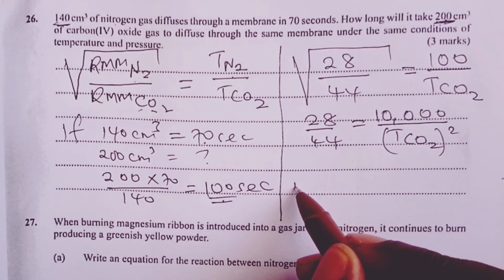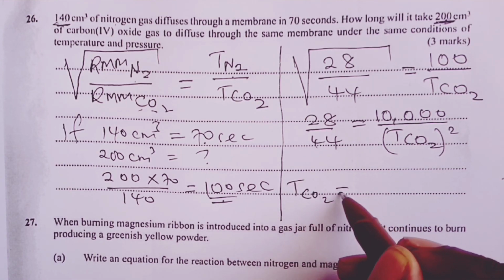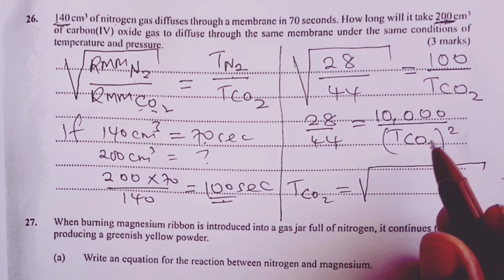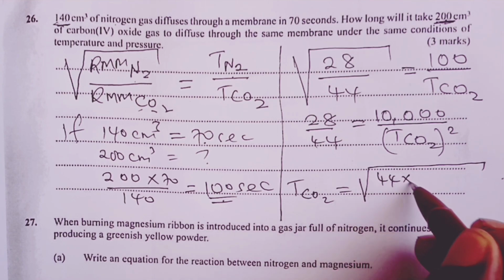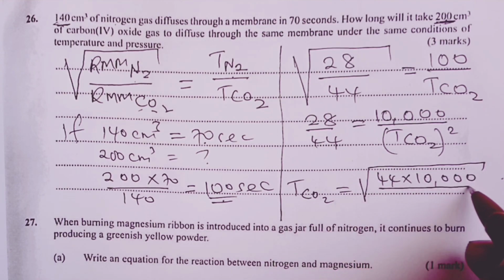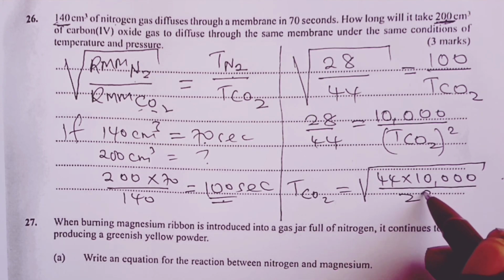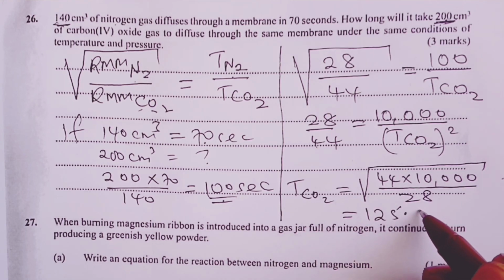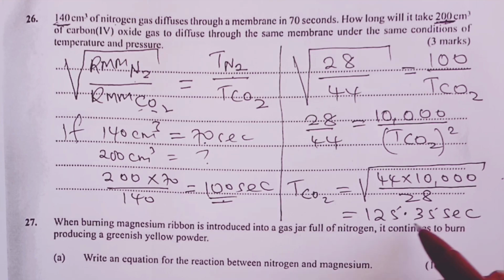So to get time for carbon 4 oxide, I will need to find the square root of 44 multiplied by 10,000 divided by 28. And if we have a good calculator, we are supposed to get 125.35 seconds as our answer for 3 marks.